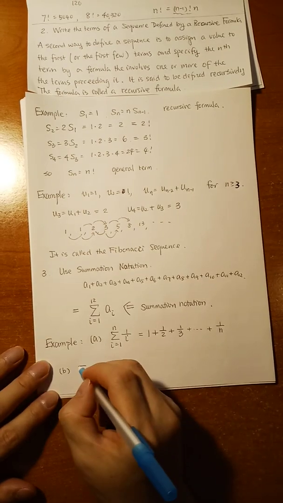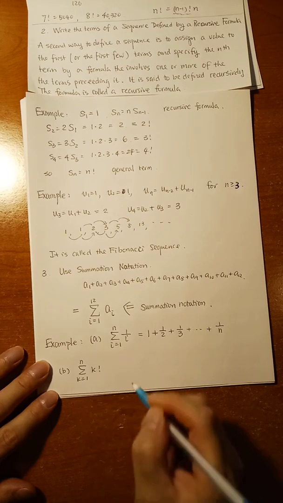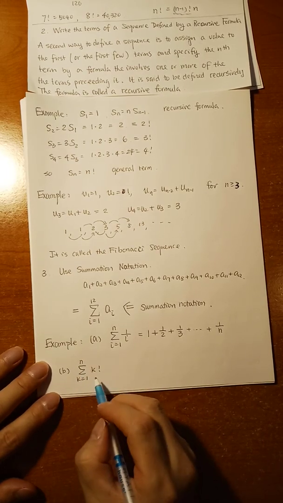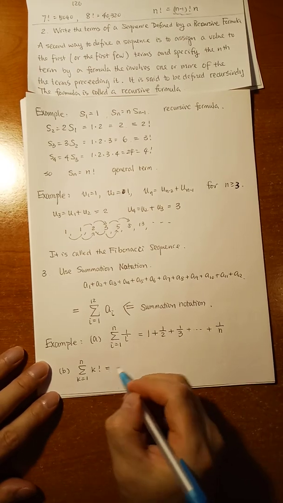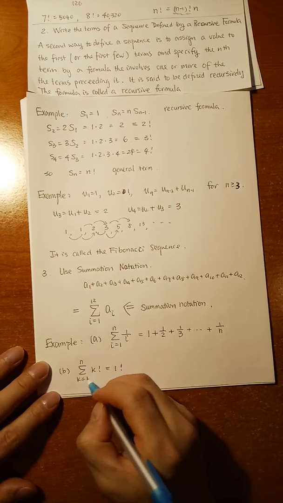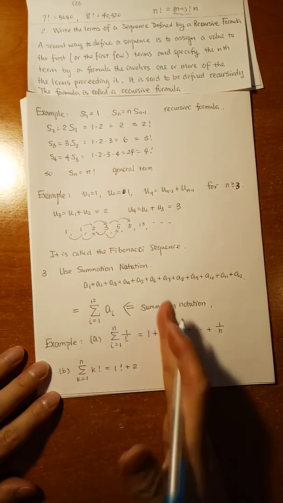The other one? K is from 1 to n, k factorial. K is a positive integer, so we can talk about the factorial. When k is 1, it's just 1 factorial. Okay, you do the evaluation at 1. You finish it and add, you let k be 2. 1, 2, 3, 4.